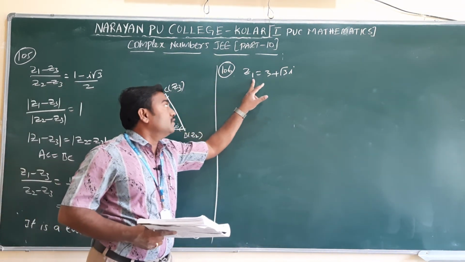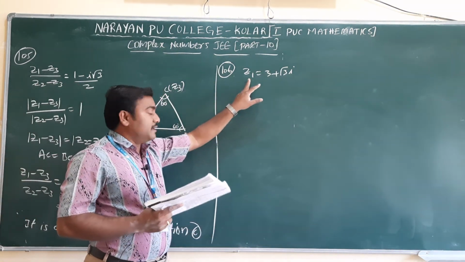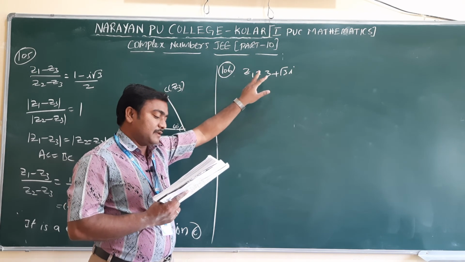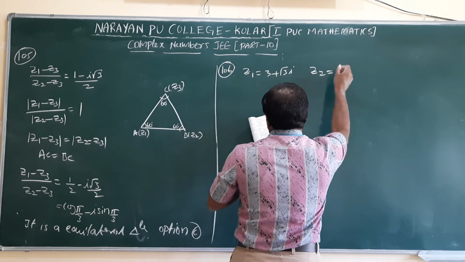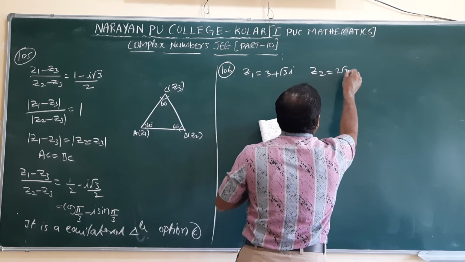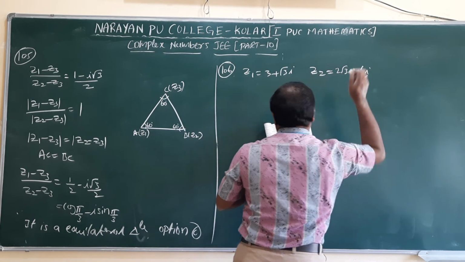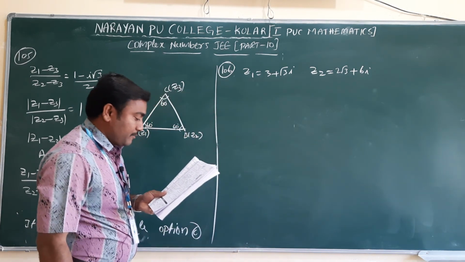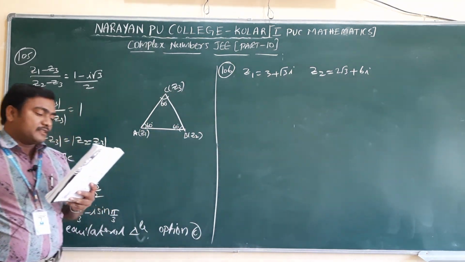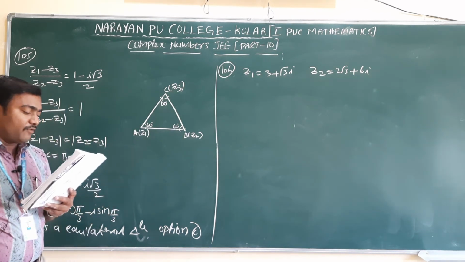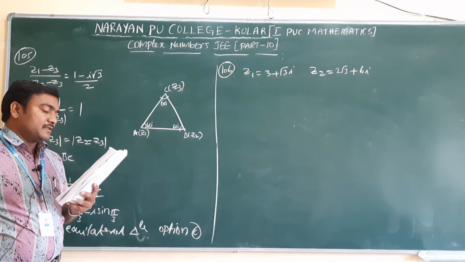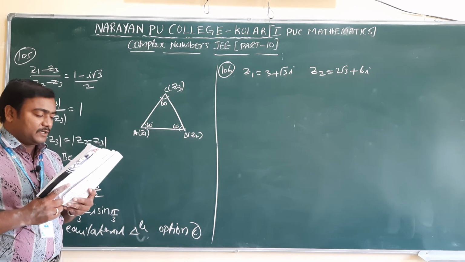So Z1 is equal to 3 plus root 3i and Z2 is equal to 2 root 3 plus 6i, given on a complex plane. The complex number lying on the bisector of the angle formed by the vectors Z1 and Z2.